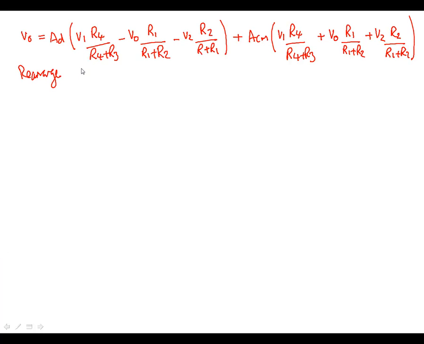Now if I want to rearrange to get this in the form of V out is equal to A V1 plus B V2, I can then put it into my common mode rejection ratio equation, if you remember.